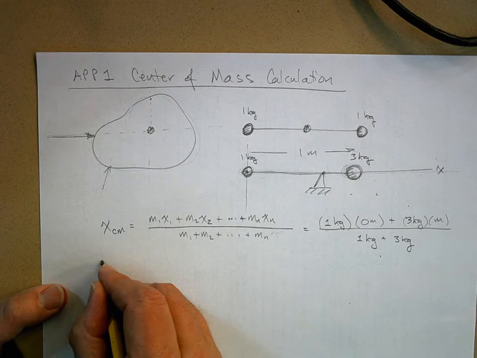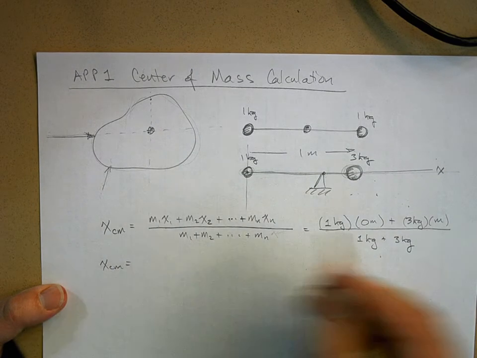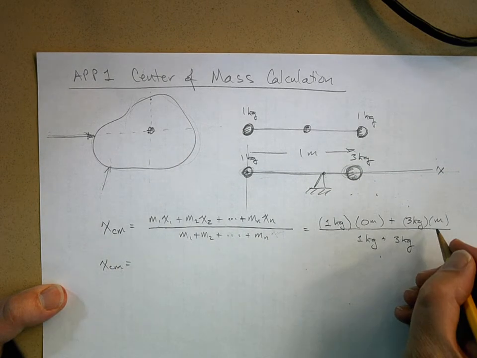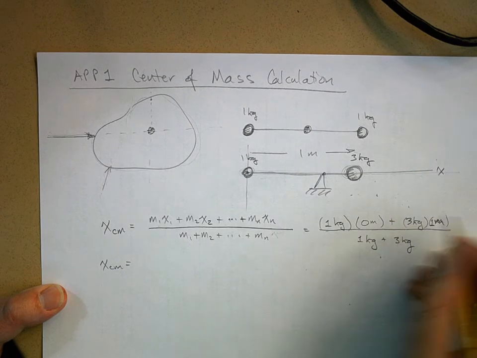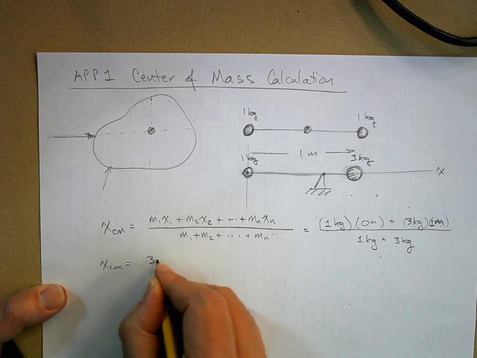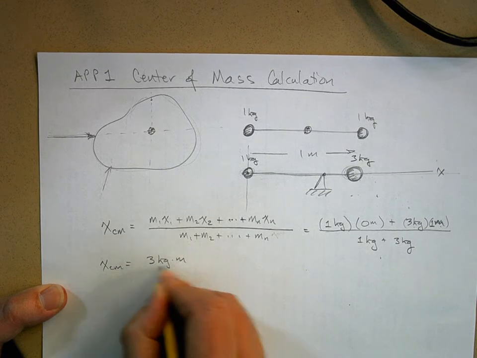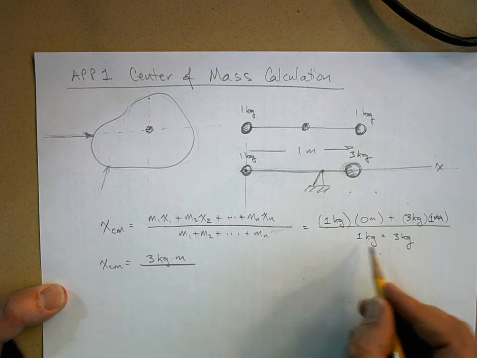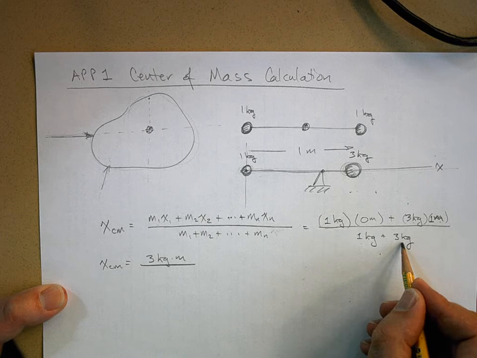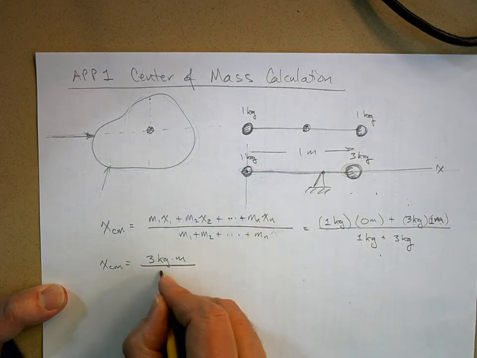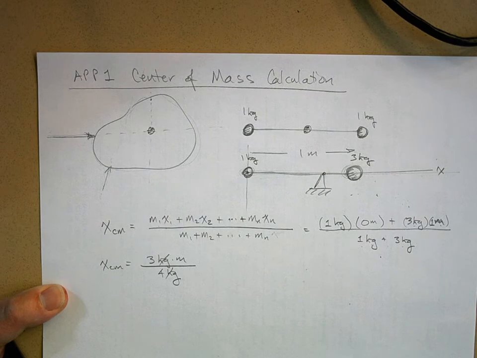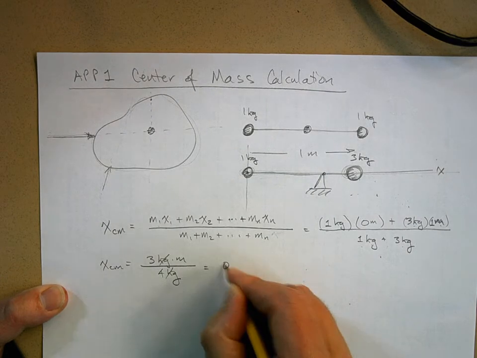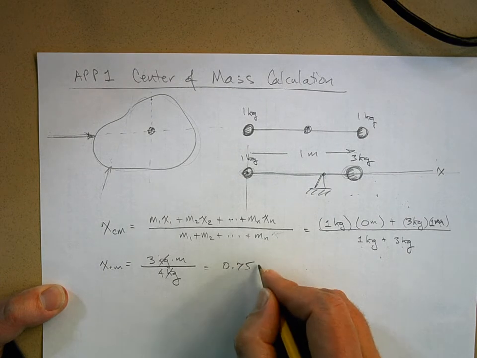And now you just figure it out. Well, 3 times 1, oh, that should be 1 meter. 3 times 1 meter is 3 kilogram meters. And I'm going to divide that by 3, or 1 plus 3 is 4 kilograms. And you're left with 0.75 meters.